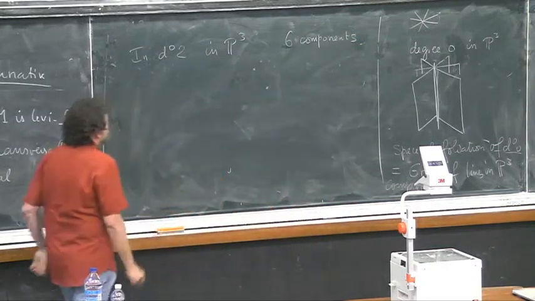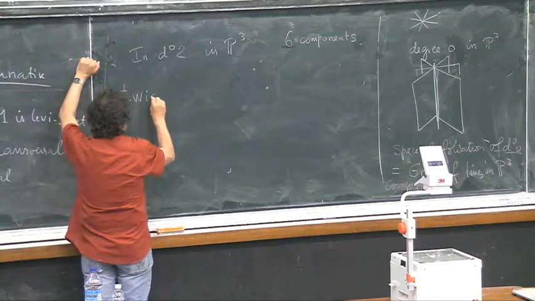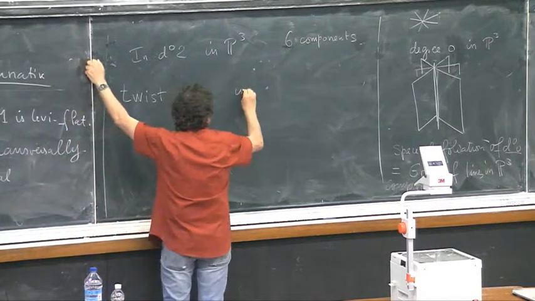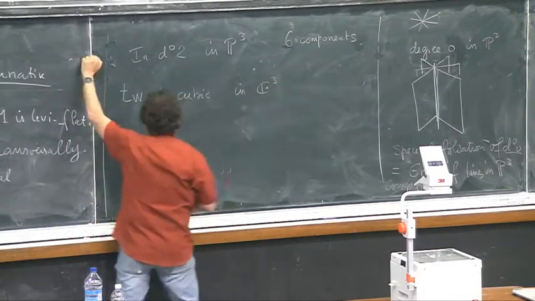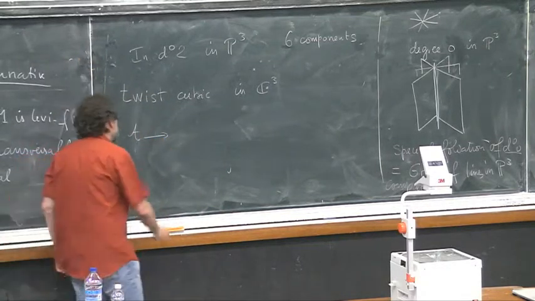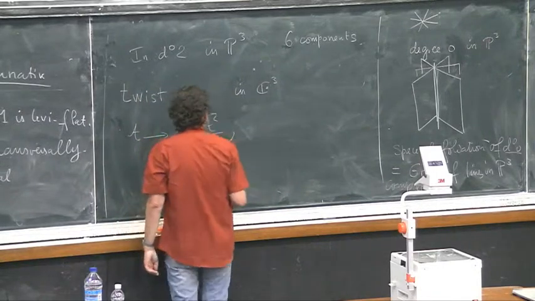Everybody knows the twisted cubic. In C3, this is a curve. I give a parametrization of this curve.